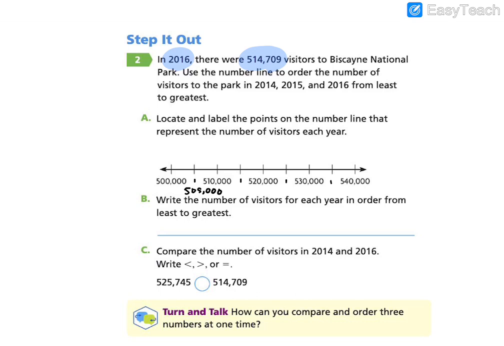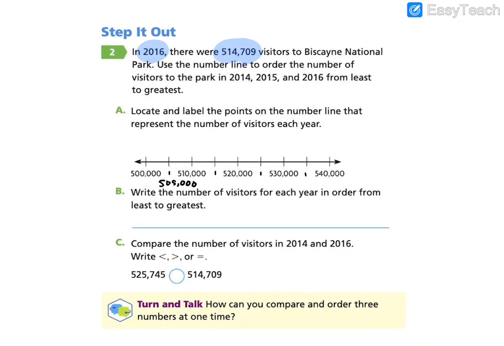So we're taking a look at 514,000. So this one would be 515,000. That point is going to be just before that, so about here is our 2016 number.